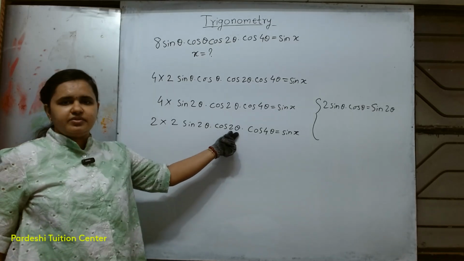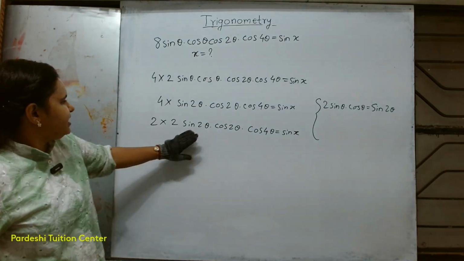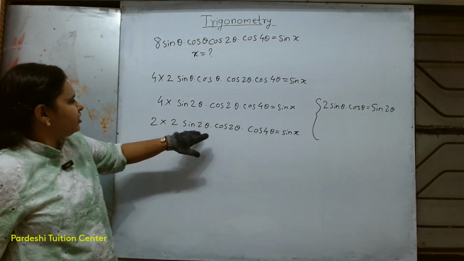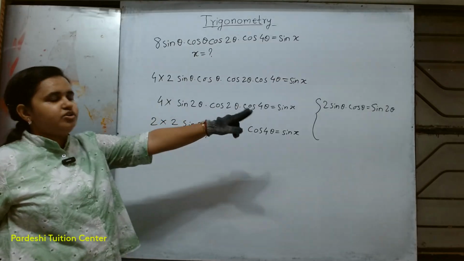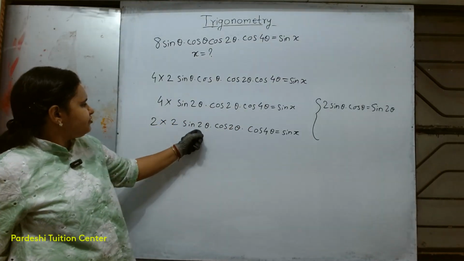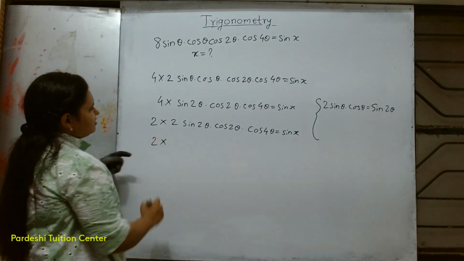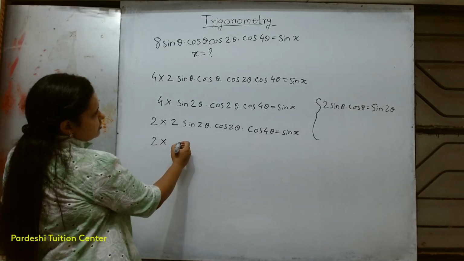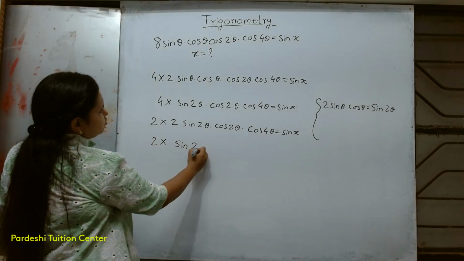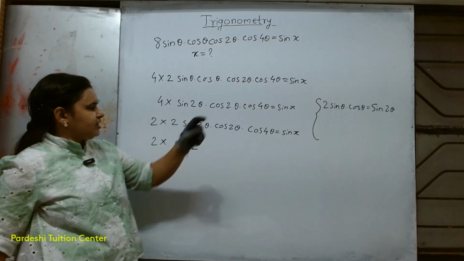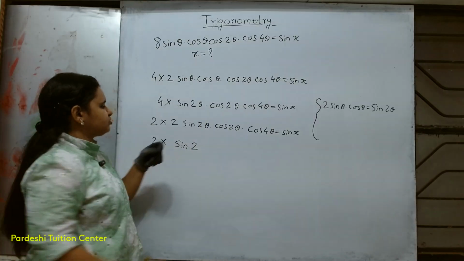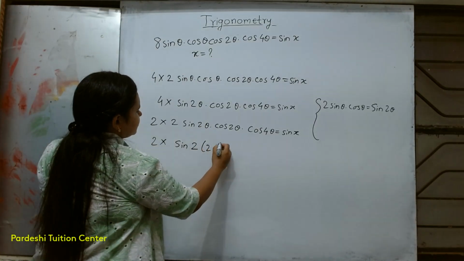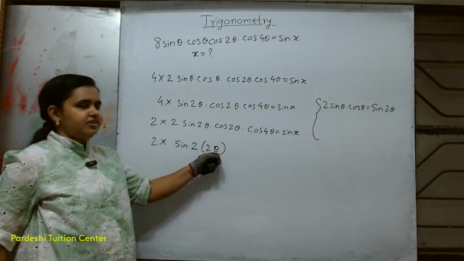So we can write, formula for 2 sin theta cos theta is sin 2 theta. So in place of this we can write sin of 2 multiplied by 2 theta.